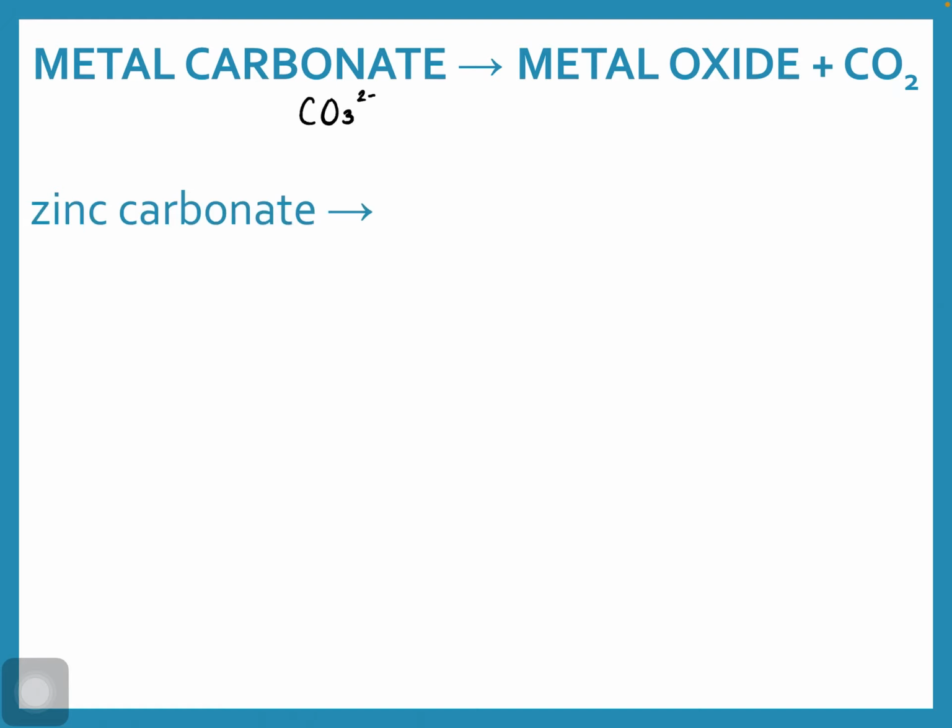The metal oxide for that would be zinc oxide. And then carbon dioxide is the other product made there. So zinc is a 2 plus, and carbonate is a 2 minus, so 1-to-1 ratio there.